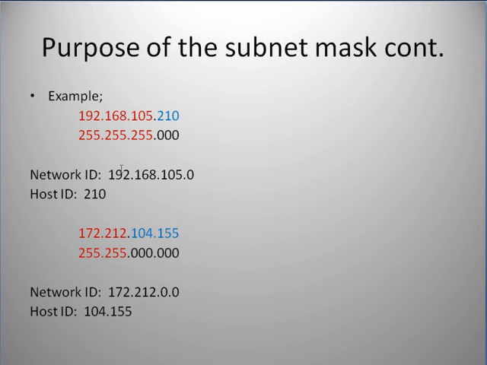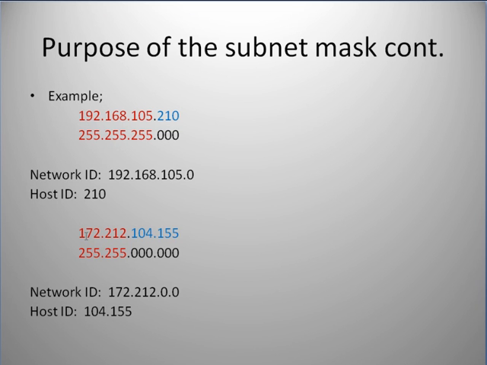So if we look at this, we can see that everything that's covered by the subnet mask outlined here in red is the network ID, so 192.168.105. Anything not covered by the subnet mask, which would be this last octet highlighted in blue in the IP address, would give you the host ID, in this case 210. So the network ID again would be 192.168.105.